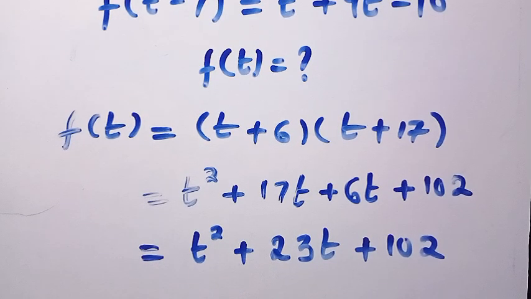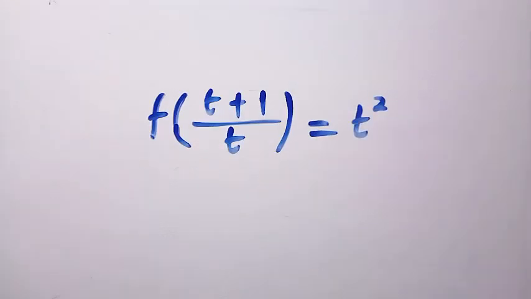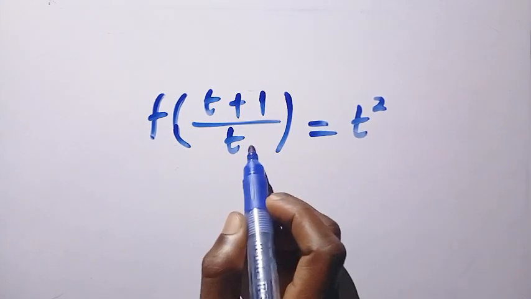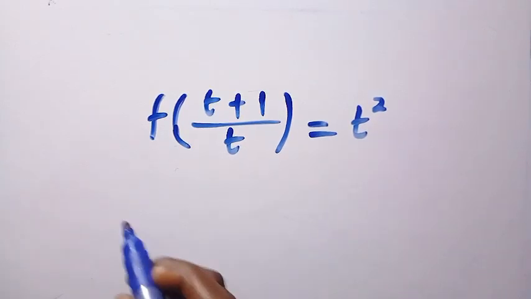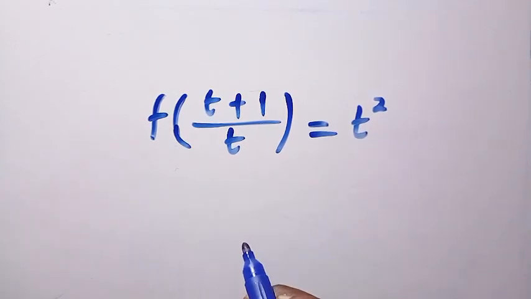So let's see how we can solve the second problem. Here we have the second problem. F of t plus 1 divided by t equals t squared. For the first one, I was unable to define the domain because all real numbers satisfy that.